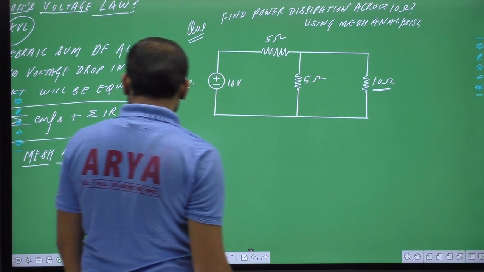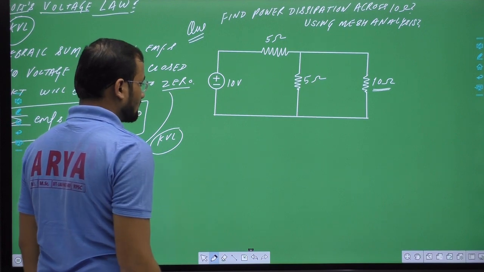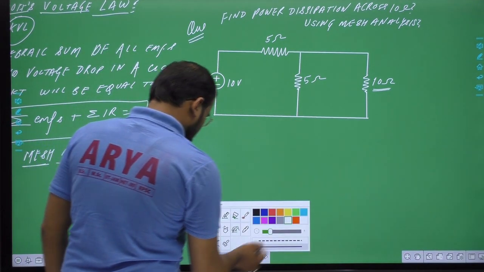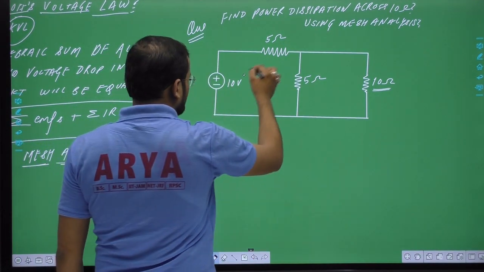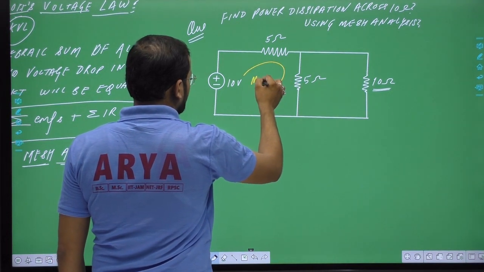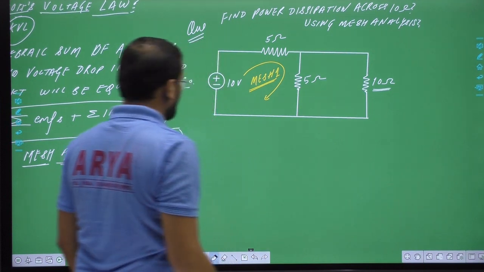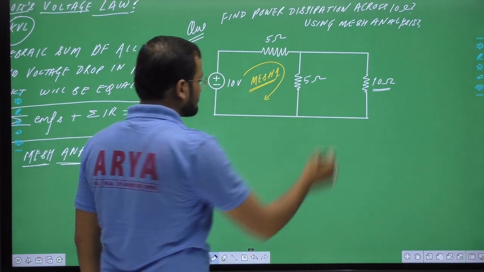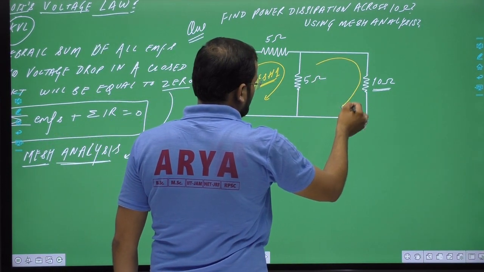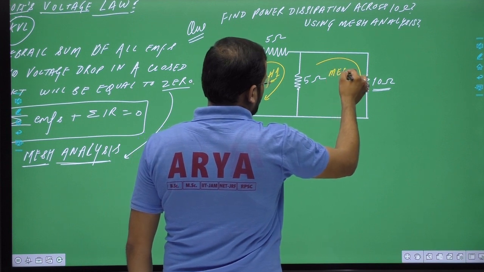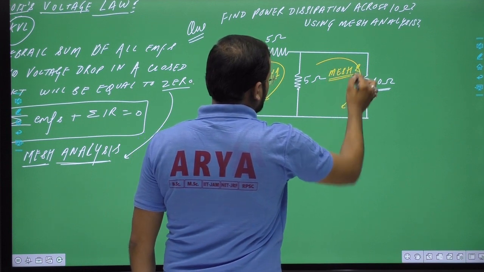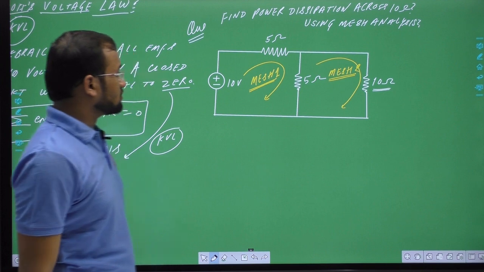First we have to find the number of meshes. This is mesh 1. I already told you the definition of mesh. And this is mesh 2.